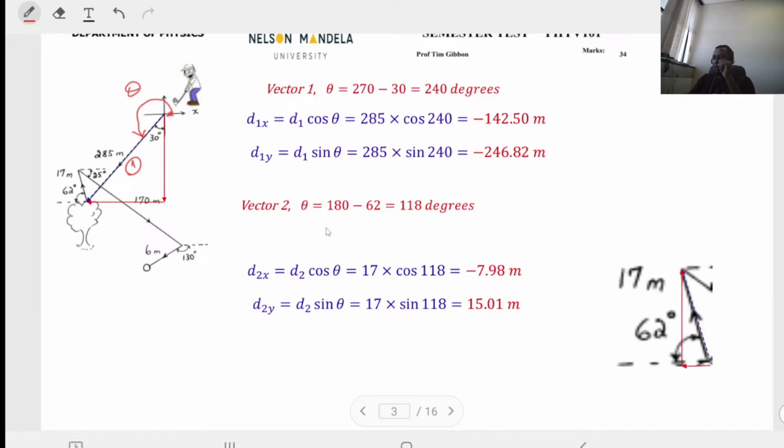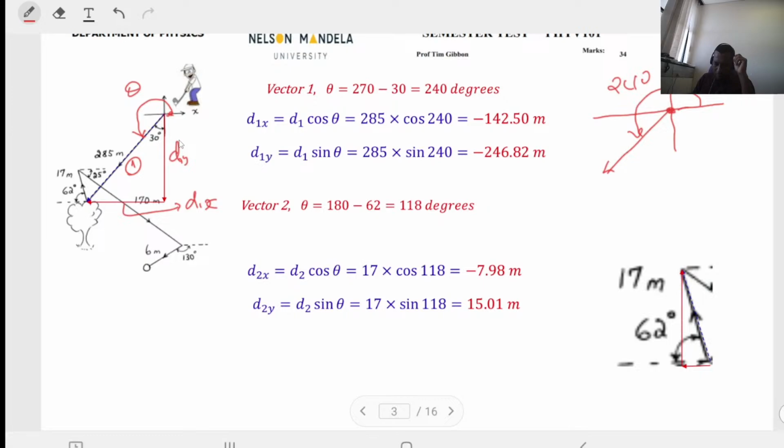Therefore, let's continue then. We know the angle. Let's decompose this vector. This is d1y, and this one is d1x, the x component and the y component of that particular vector. What I mean is, this is a vector in the third quadrant, and this angle from here to here is 240 degrees.